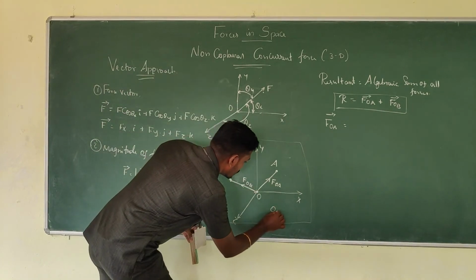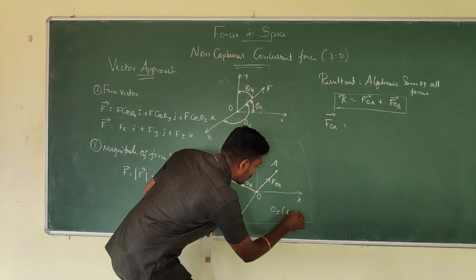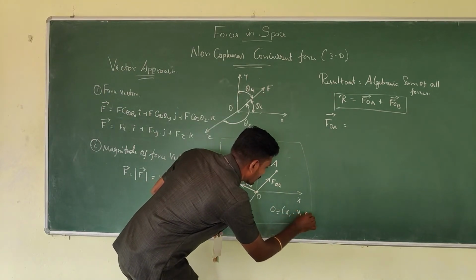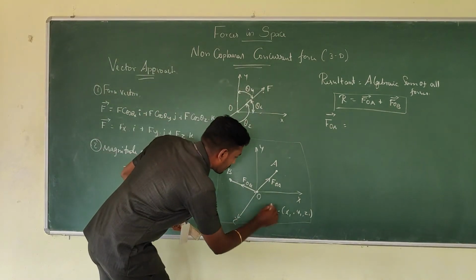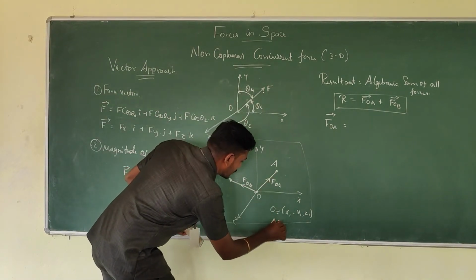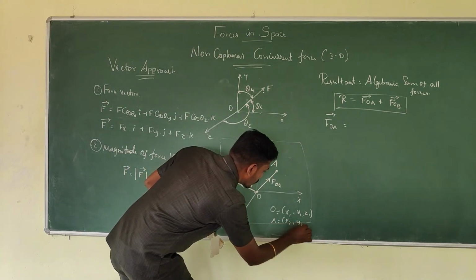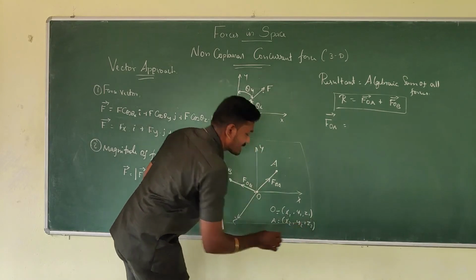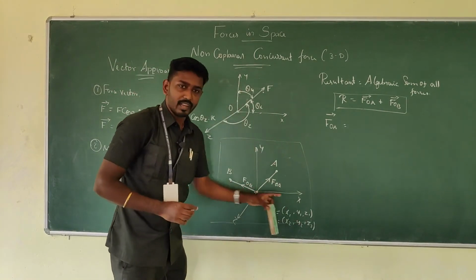So I am just going to give the coordinates of O as x1, y1, z1, something like this. And I am going to take the A point in space with x2, y2, z2. Just an assumption, a particular position in space.